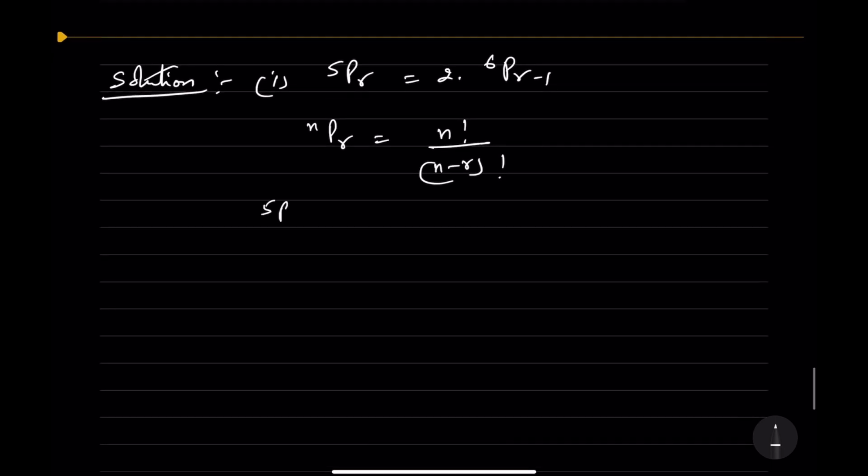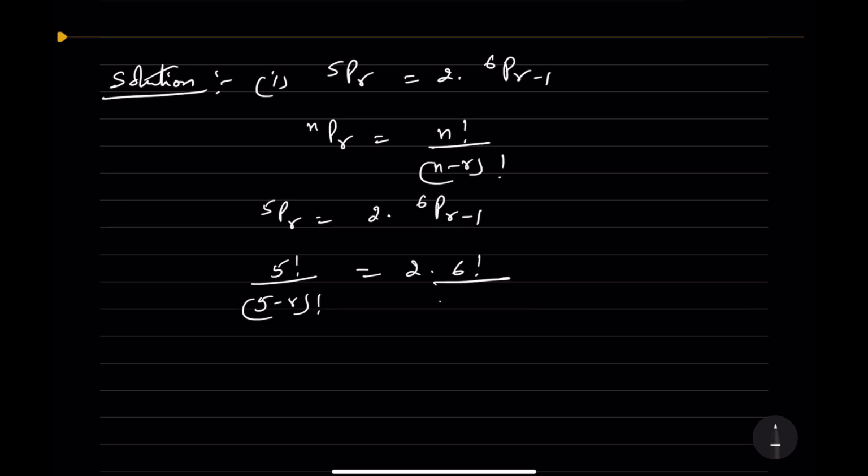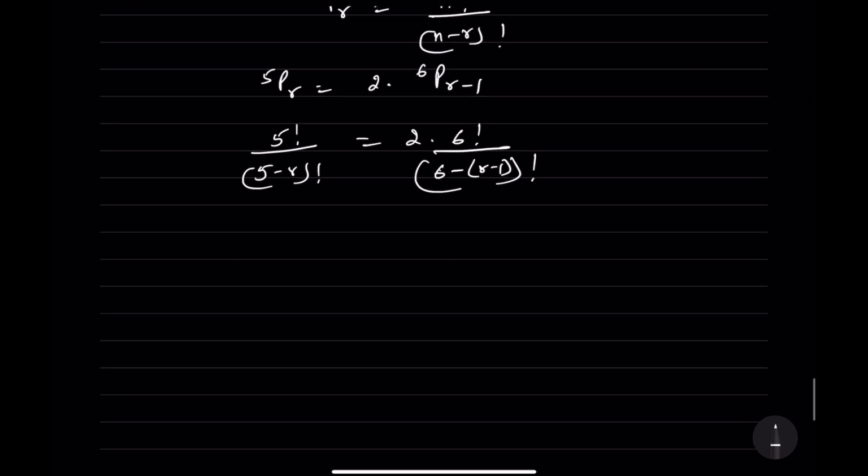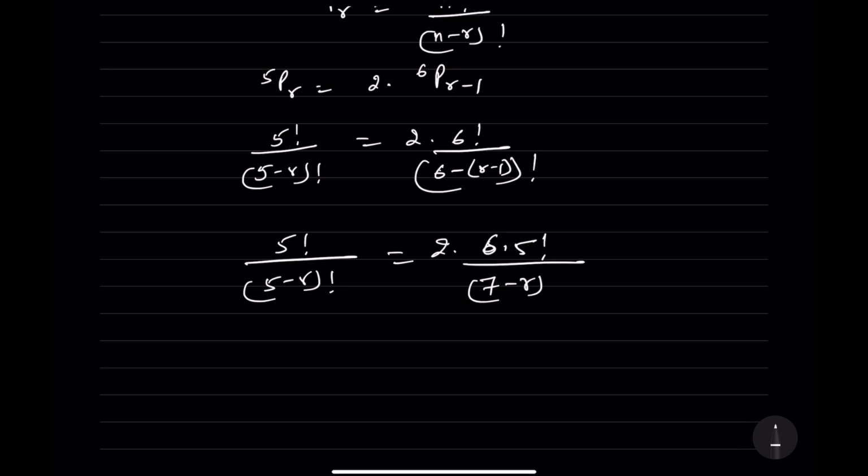So 5Pr is equal to 2 into 6P(r minus 1) can be written as 5 factorial by (5 minus r) factorial is equal to 2 into 6 factorial divided by (6 minus (r minus 1)) factorial. Which is 5 factorial by (5 minus r) factorial is equal to 2 into 6 into 5 factorial divided by (7 minus r) factorial.